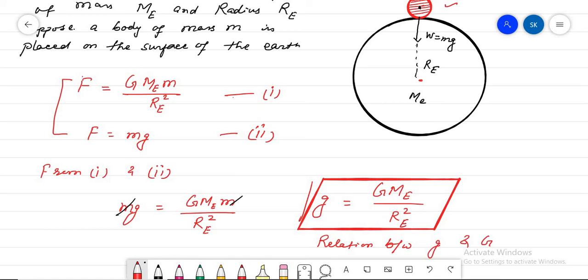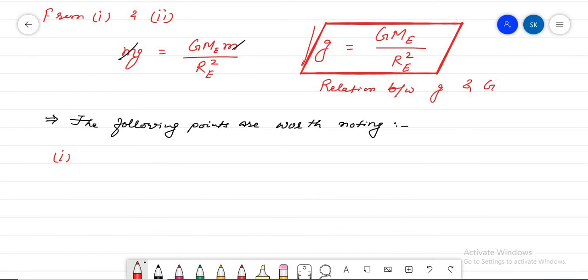That means this gives the expression for acceleration due to gravity on the surface of the earth. As you have seen here, the value of g, small g, does not depend on the small mass, as you already cancelled it from here.